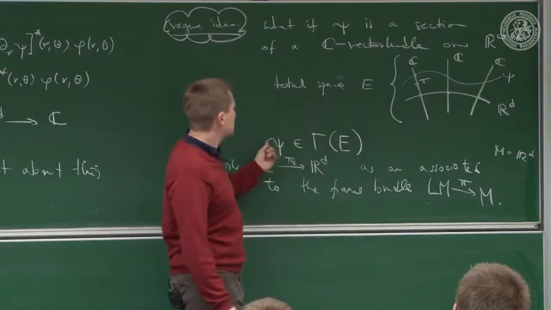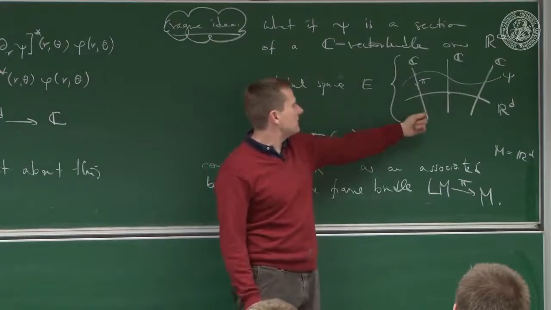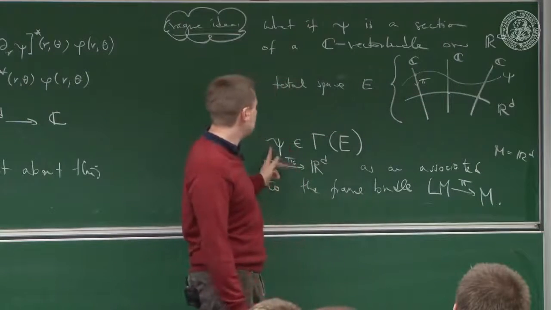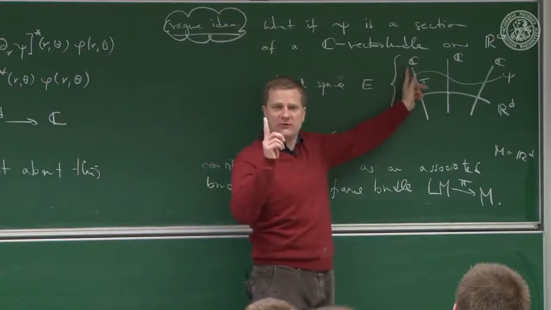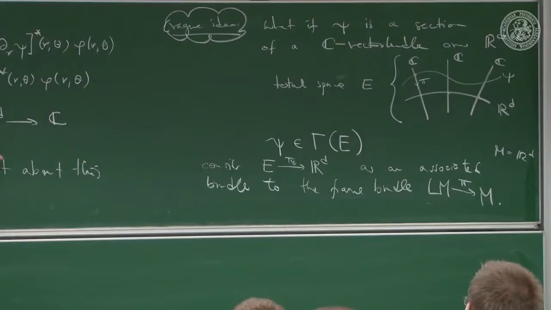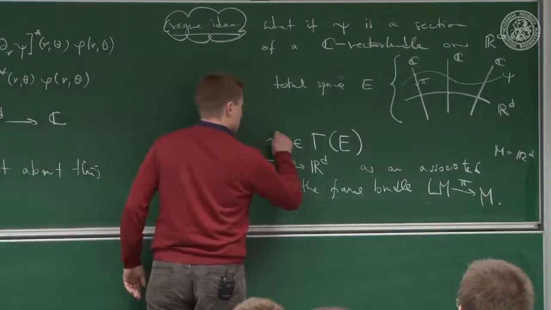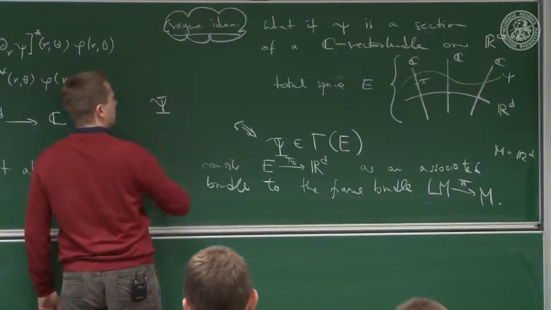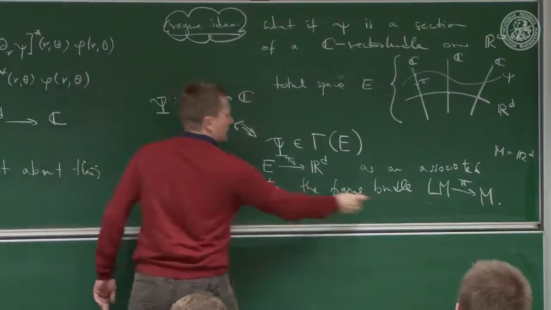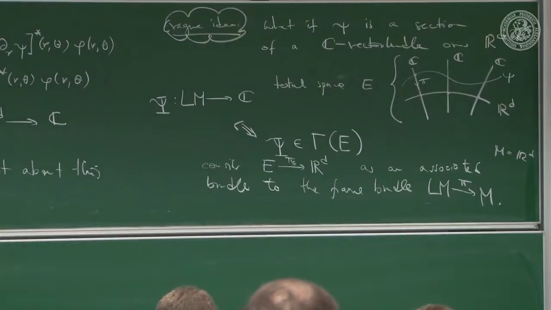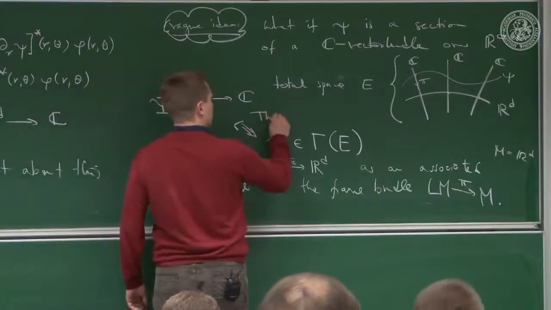So saying that psi is a section of this associated bundle with fiber C is the transition to saying psi is a complex valued function, once again, but not on this space. So let's say the section is shown like this, but it can be represented as a complex valued function, but on the total space of the associated principal bundle. Okay? So remember, we had a theorem to that effect.